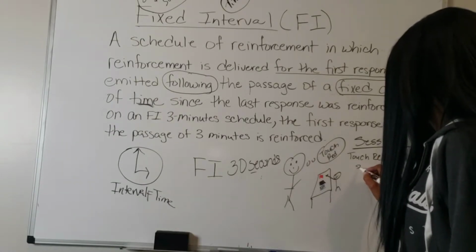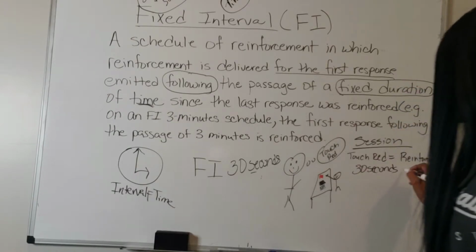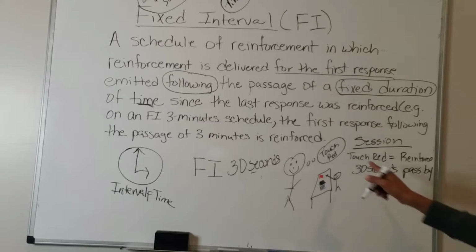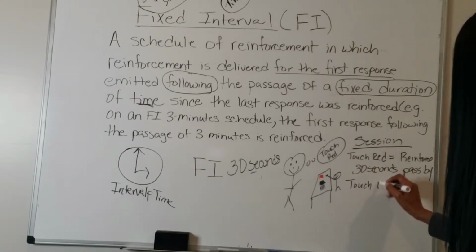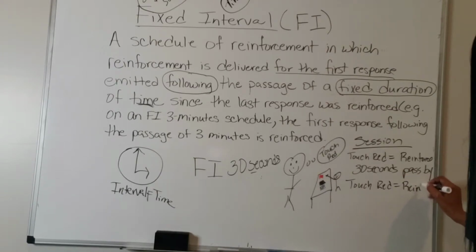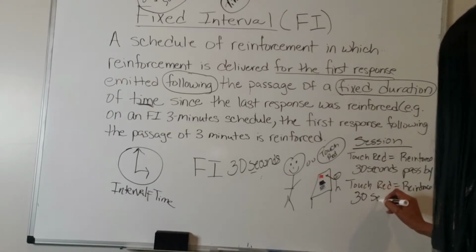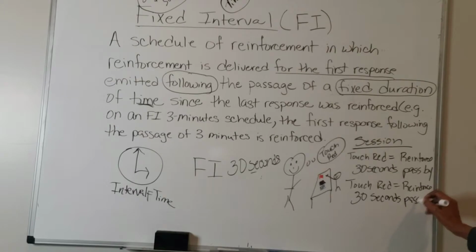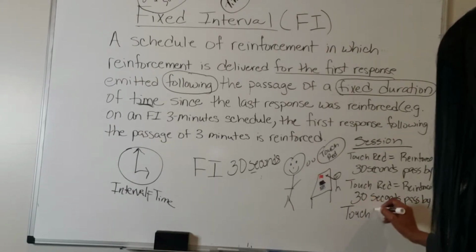Then you're going to wait 30 seconds. It has to pass by. Then you're going to give it again. Touch red. You're going to reinforce. Another 30 seconds has to pass by. And you do it again. Touch red.